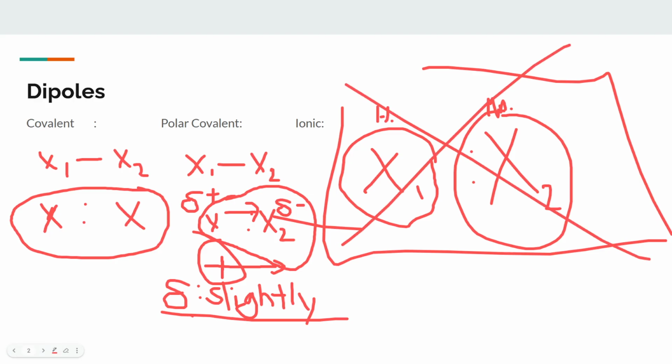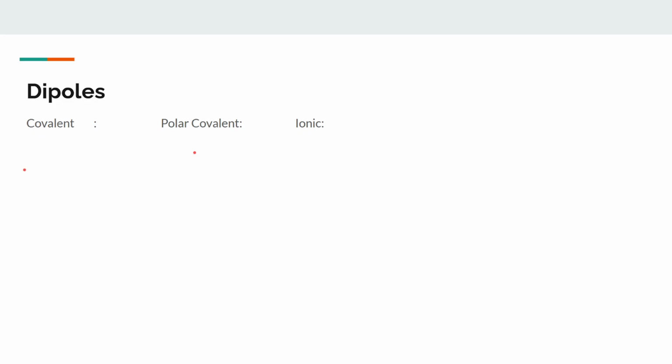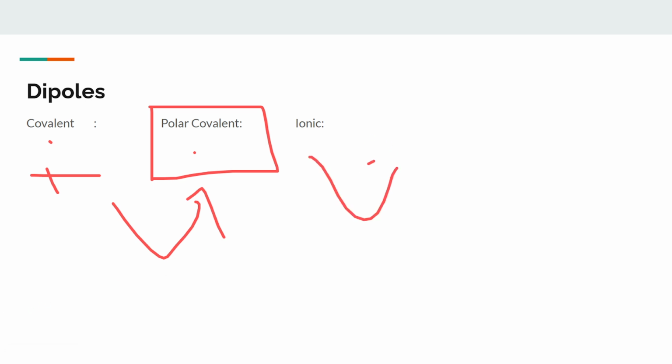Ionic bonding doesn't really come up in organic chemistry, but polar covalent and covalent bonds definitely do. Way more polar covalent than covalent bonds. But covalent bonds are obviously still there. We just don't really care about them because they don't create dipoles. But polar covalent do, and ionic definitely do. Big dipoles.